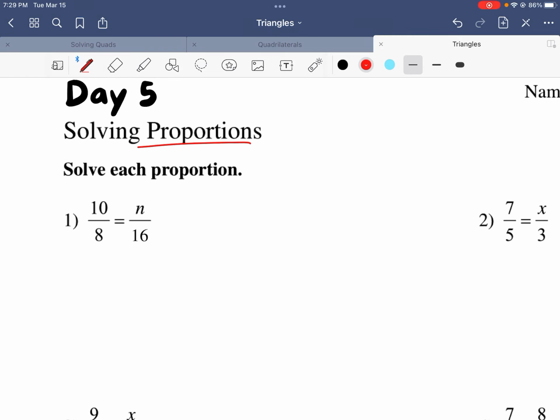Now in math, there are different ways to figure out these proportions. The first method is finding a common scale, we'll say, okay?